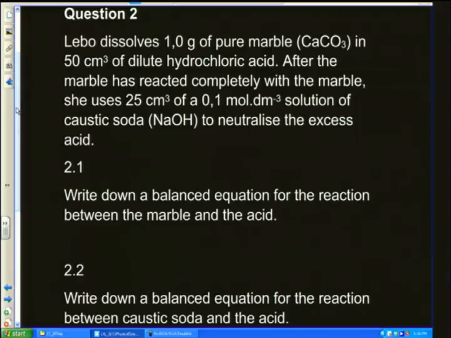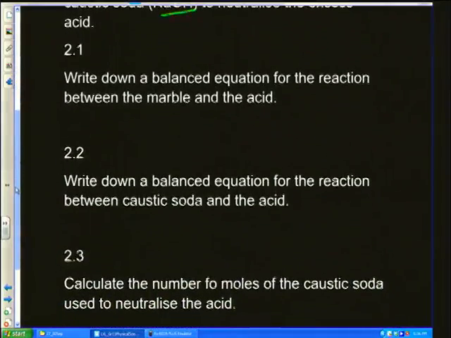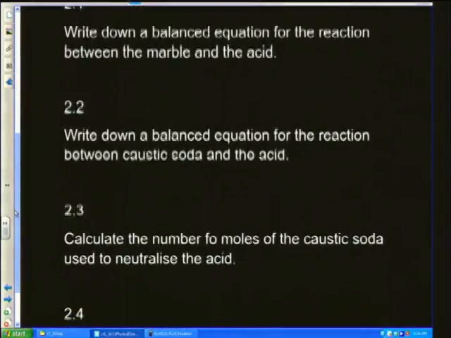Okay, let's just put it that way. All right. She uses 25 cubic centimeters of 0.1 mole per cubic decimeter solution of caustic soda, sodium hydroxide, to neutralize the excess acid. Write down a balanced equation for the reaction between marble and the acid.